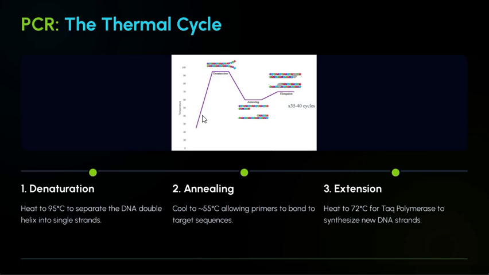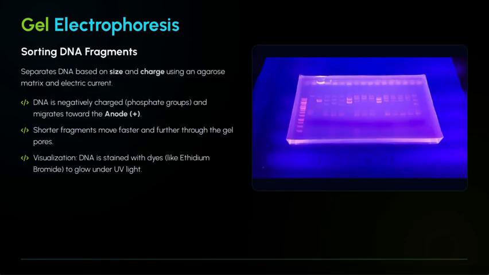But yeah. Okay, so next we can talk about gel electrophoresis. You're gonna need to know this for AP Biology too. But this basically just sorts out the DNA fragments based on size and charge using an agarose matrix and electric current. So DNA is negatively charged, because of the phosphate groups, and migrates towards the anode, which is positively charged, since opposite charges attract each other.